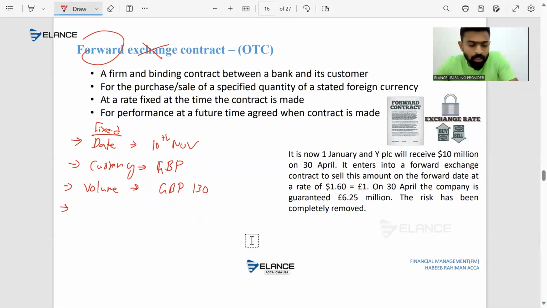And we fixed the position. We require GBP, right? So are we ready to buy GBP or ready to sell GBP in order to make payment? Please listen carefully. If you put your hands in your pockets, you will get Indian rupees.